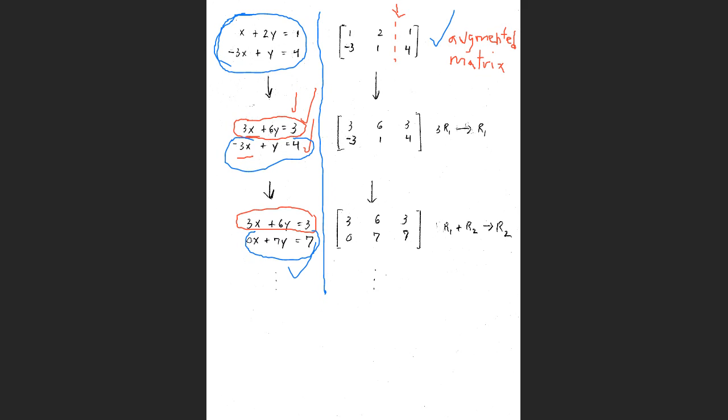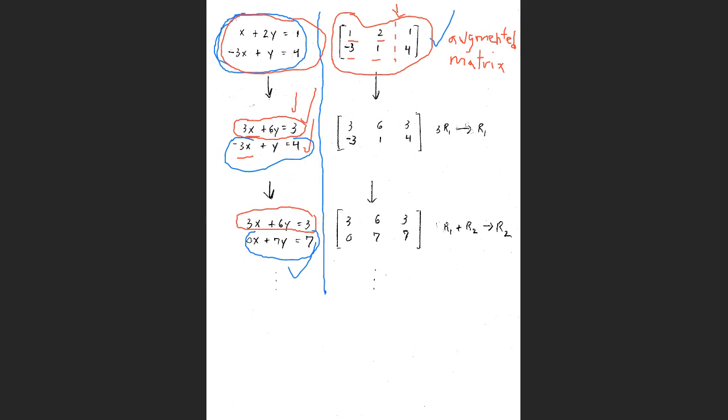But we understand that we're taking this system of equations and representing it as this matrix, an augmented matrix. You can see the 1 and the 2 here correspond to x and y coefficients on the first equation, and the -3 and the 1 correspond to x and y coefficients on the second equation. And then you have the 1 and the 4 on the right.